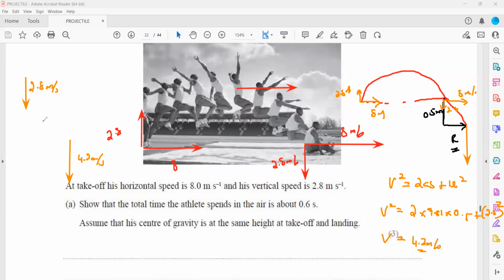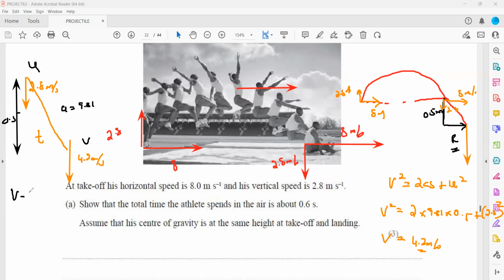So we will find how much time it will take, because the vertical distance which is fallen is 0.5 meter. And the acceleration is due to gravity, which is 9.8. So we have the initial vertical velocity, the final vertical velocity, and acceleration, so we can find time.